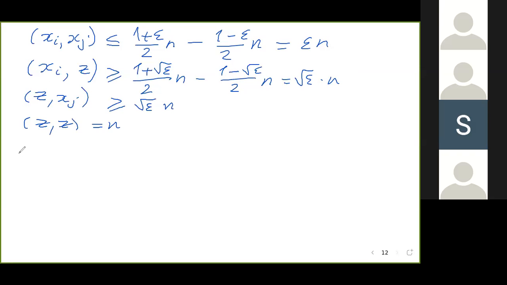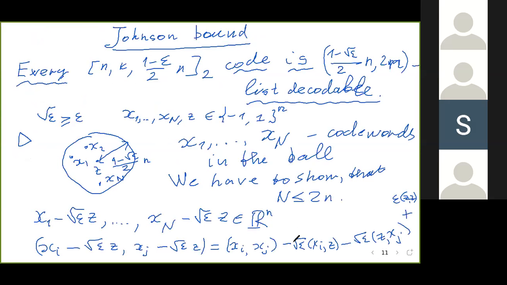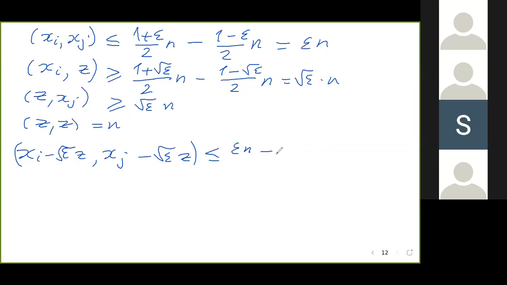So we obtain that (xi minus square root of epsilon z) times (xj minus square root of epsilon z) is at most epsilon n minus, recall that we have the factor square root of epsilon in front of this inner product, so minus square root of epsilon times square root of epsilon n, minus another square root of epsilon times square root of epsilon n, and plus epsilon n. And of course, everything cancels here and we obtain 0.